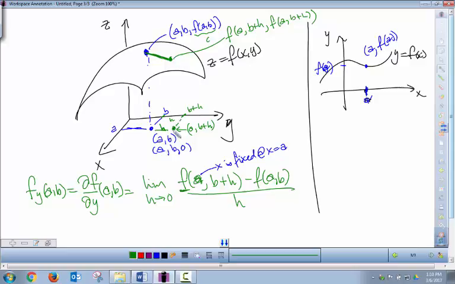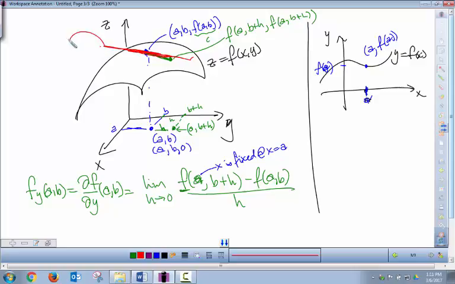Now, if I take h and let it get closer and closer to 0, what I would eventually get is the slope of that line that's tangent to the surface at that point going in the direction of h, or going in the direction of y.